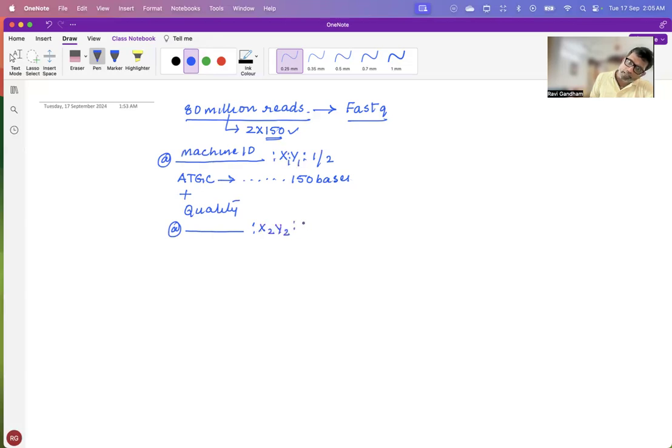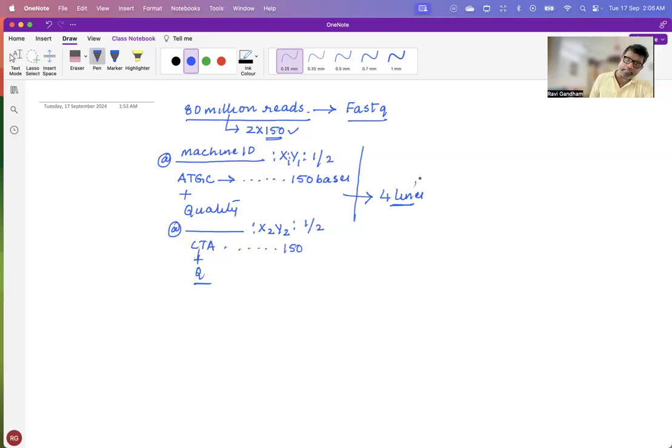And this will be either 1 or 2, followed by some sequence, CTAGC, running to a length of around 150 bases again, followed by a plus sign and followed by the quality of each and every base that is being read in this last line. So what does this mean? Each read that is generated covers 4 lines.